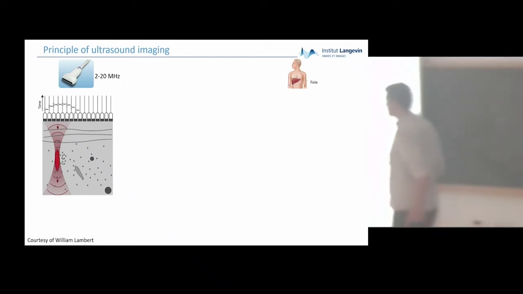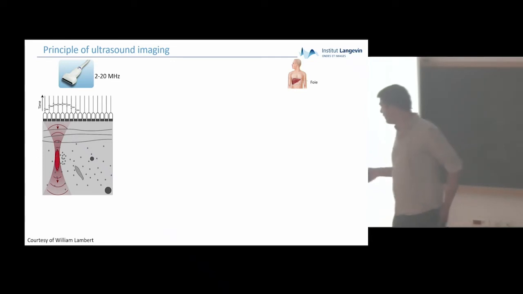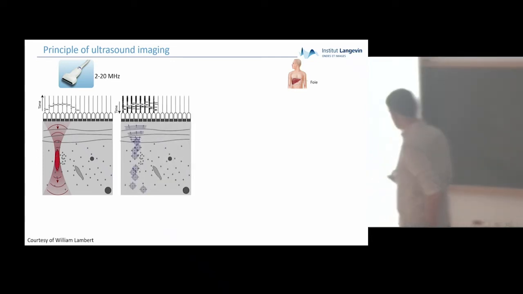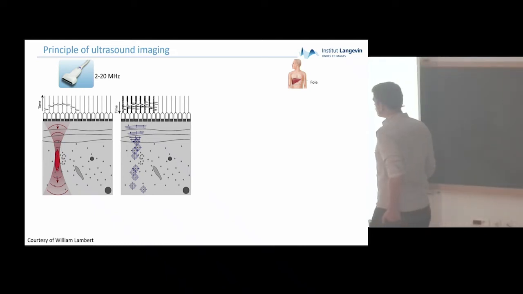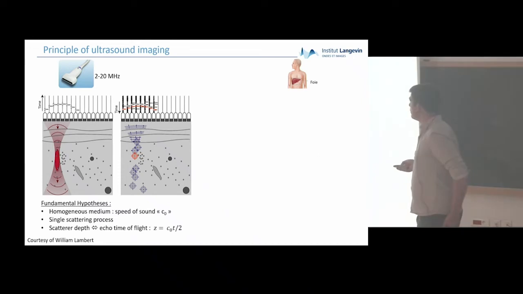To build an image, typically, you apply a parabolic phase delay, and it generates a cylindrical wave that will focus at a given depth inside the medium. Based on this incident wave, the scatterers inside the medium scatter the incident wave field, and then you collect the backscattered wave field on the transducers. Okay, but you illuminate all the depths of the sample. So then you need to use the temporal information to be able to build an image.